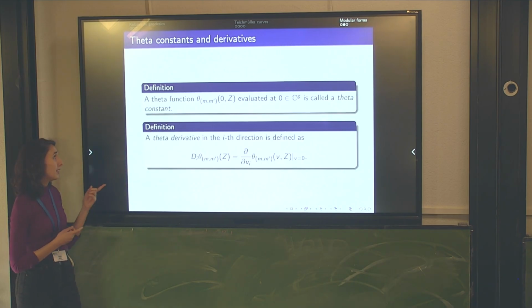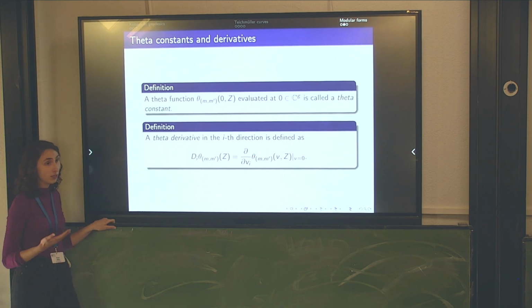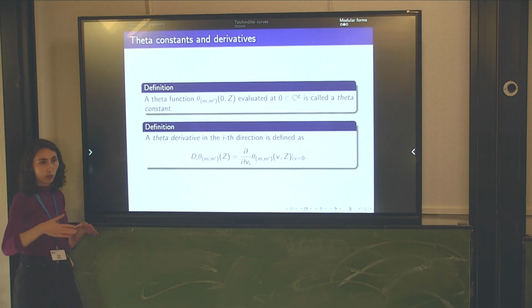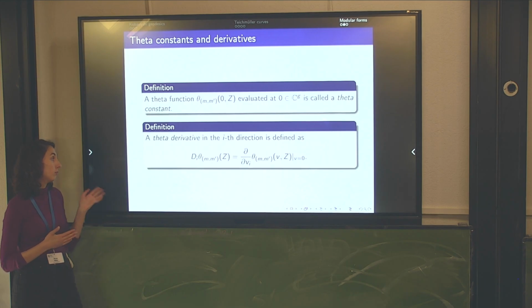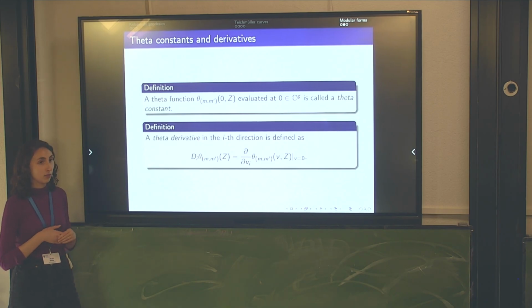And these are modular forms with parallel weight 1/2. And the second kind I want to introduce are theta derivatives, where we differentiate in one of the directions that we have, and then evaluate at v equals 0 again. These are modular forms with weight 1/2, with the exception that for the ith value it becomes 3/2.